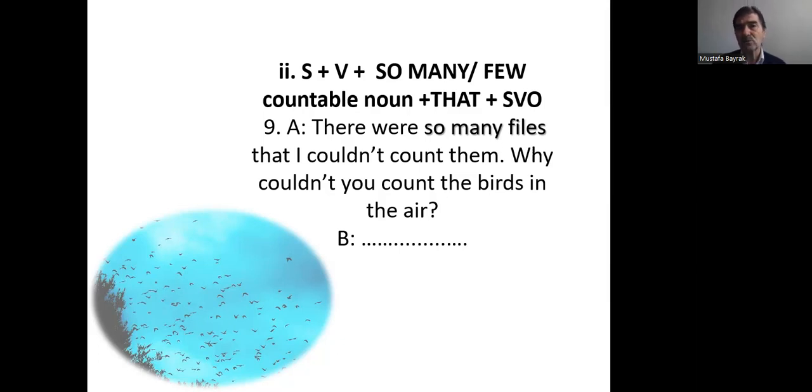And you can change the sentence. For example, I saw so many people, there were so many people. In the future tense, you will see, you will meet so many people.